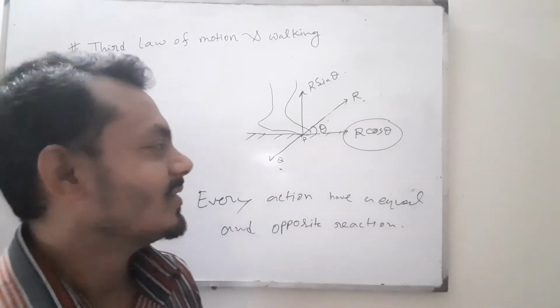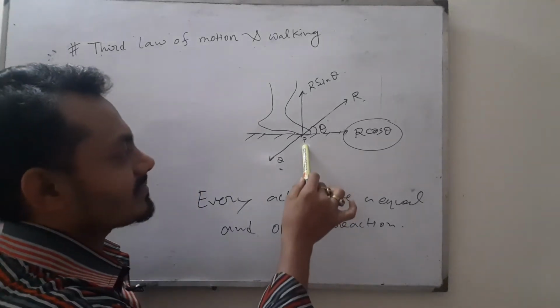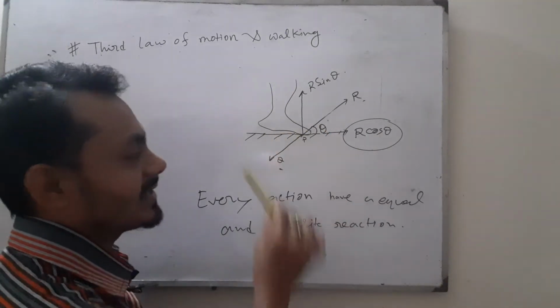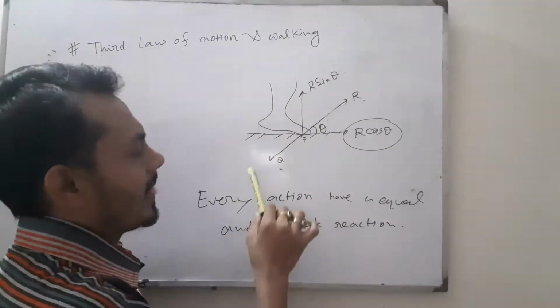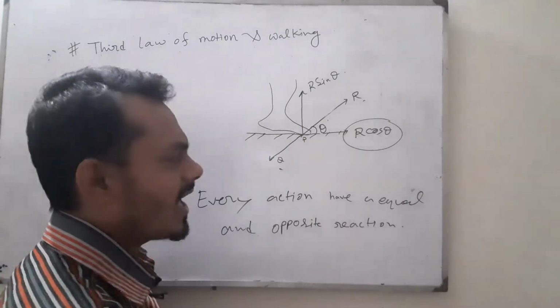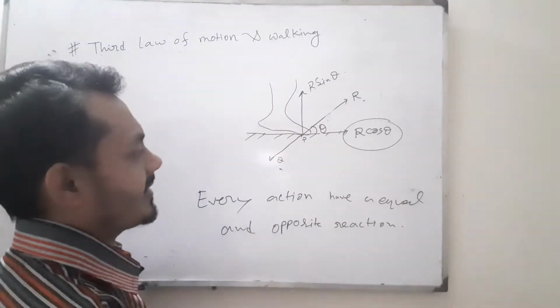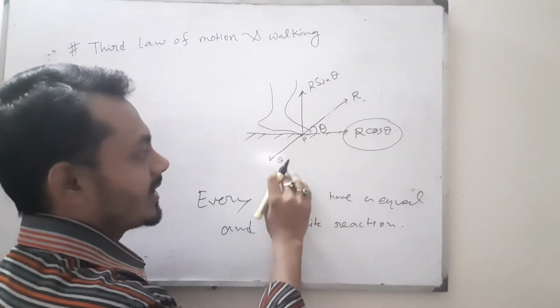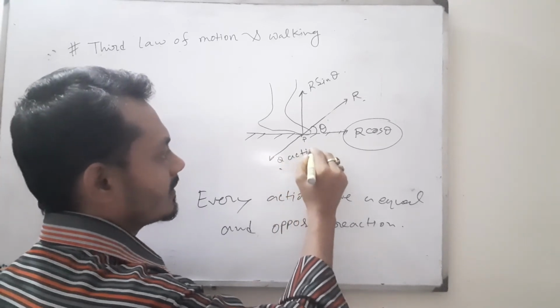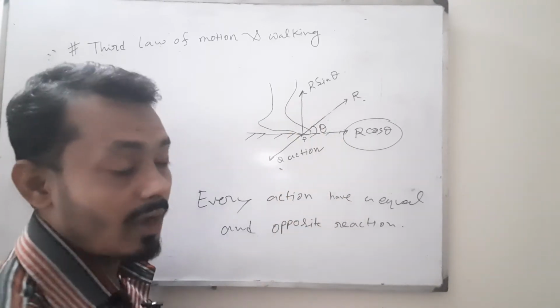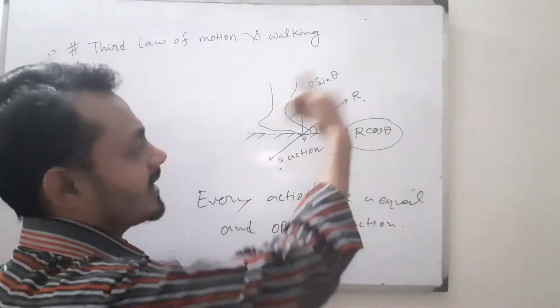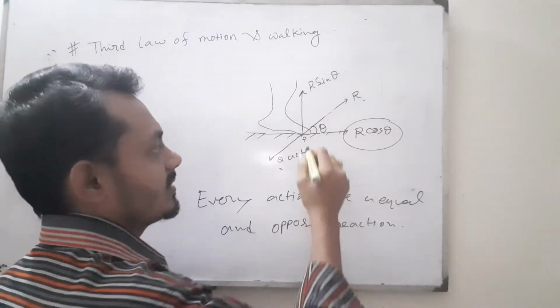Now we can see, we draw a line on the board. When we create action, that is PQ, into the ground, then the ground creates a reaction called PR.